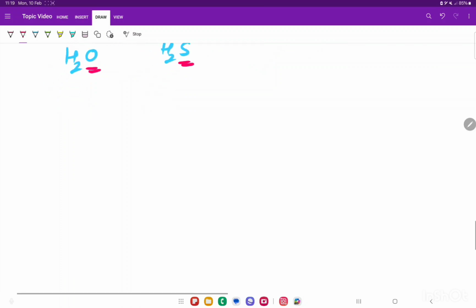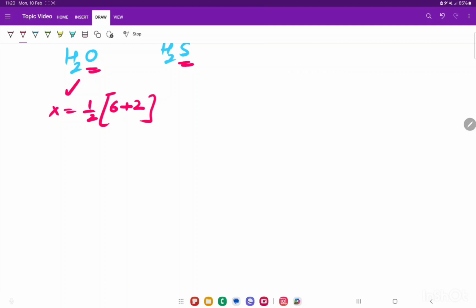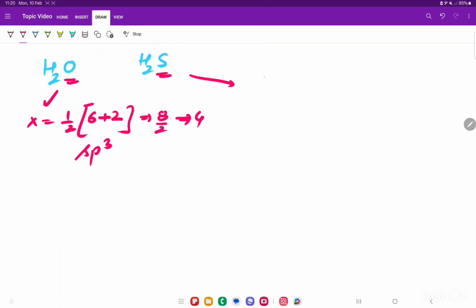We will count them here. If I want to find out the hybridization of H2O, now x equals half, the central atom is oxygen. Oxygen has 6 valence electrons plus 2 hydrogen, total 8 divided by 2, that is 4. Hybridization is sp3. Similarly for H2S, the central atom is sulfur. x equals half of 6 electrons for sulfur plus 2 hydrogen monovalent atoms gives you 8 divided by 2, that equals 4 again.